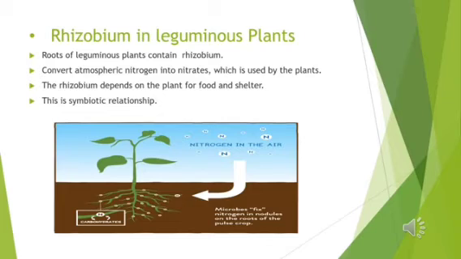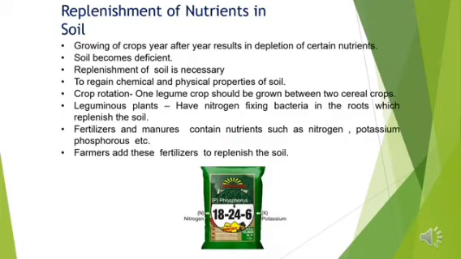Now these bacteria convert the atmospheric nitrogen into nitrates which are used up by the leguminous plant. And in return the rhizobium depends upon the leguminous plant for food and shelter. So the rhizobium and the leguminous plant live in a symbiotic relationship, or they exhibit symbiotic relationship.